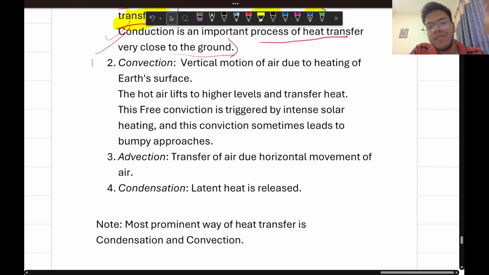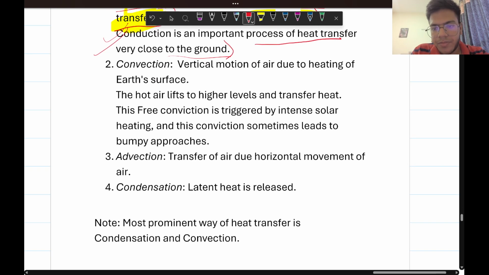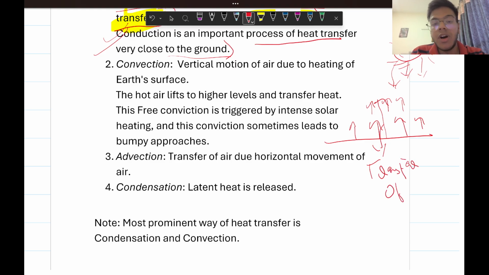Now guys, we'll see what is convection. Convection is basically, suppose this is your surface of Earth and we know this is your sun. So we know these are your solar radiations and these are your terrestrial radiations which are going back again to the space. So this vertical movement of air, this transfer of heat from the surface of Earth vertically, this vertical motion of air, this process is known as convection.